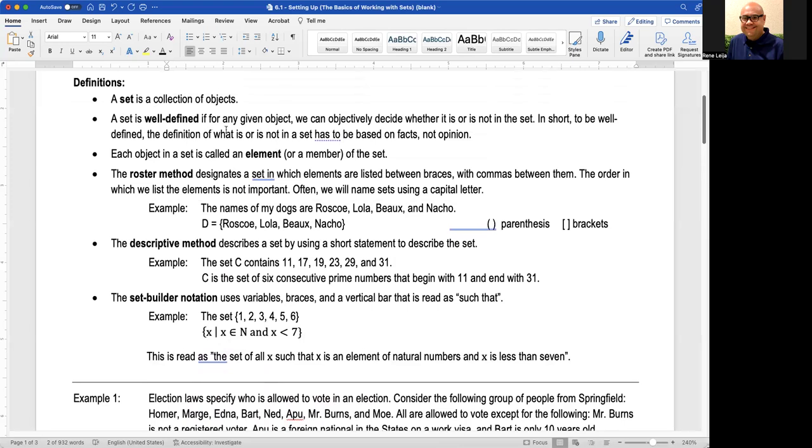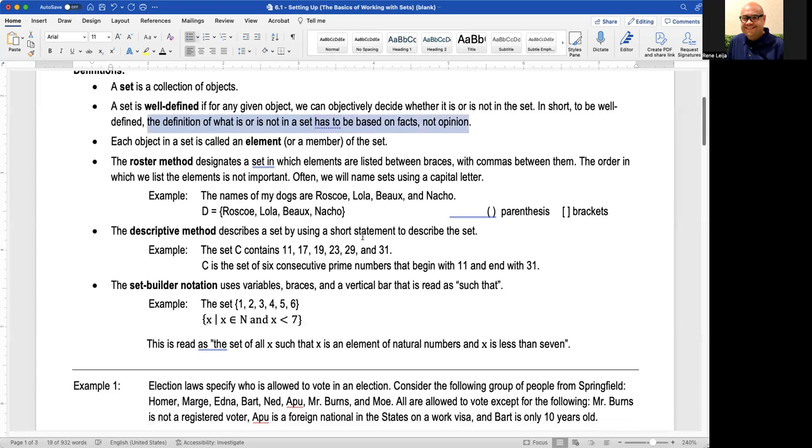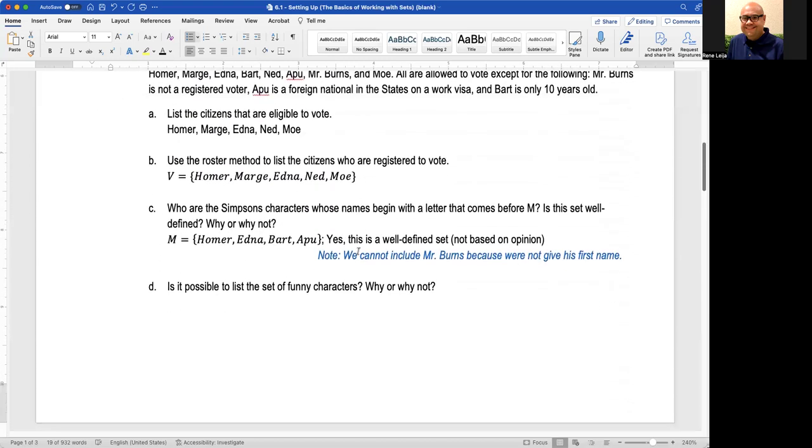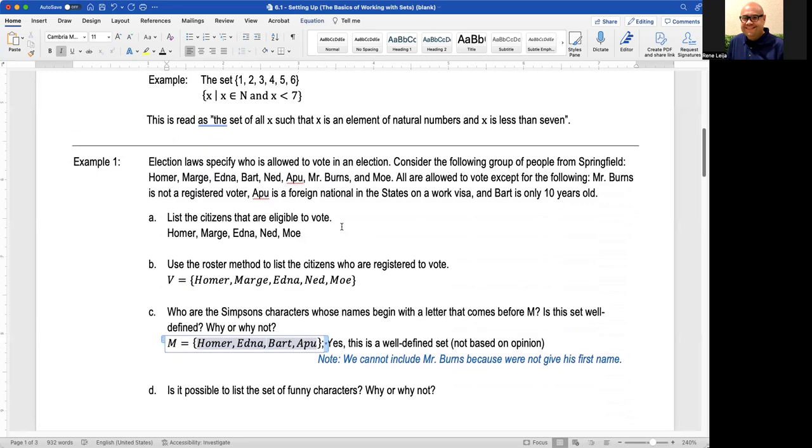A set is well-defined if for any given object we can objectively decide whether it is or is not in the set. In short, to be well-defined, the definition of what is or is not in a set has to be based on facts and not opinion. So it is a well-defined set because these people did come from our original set of people right here.